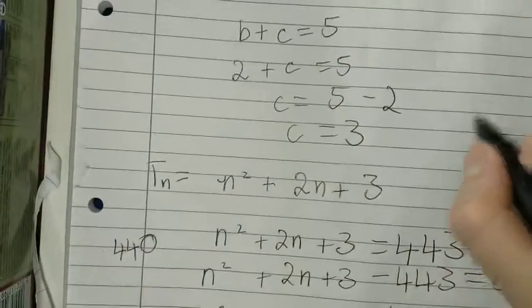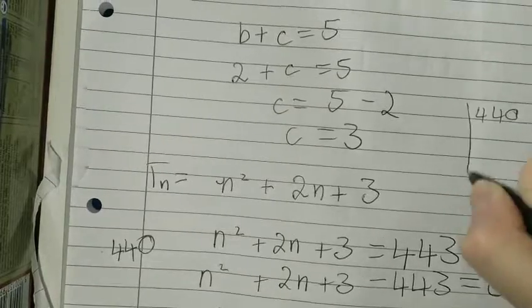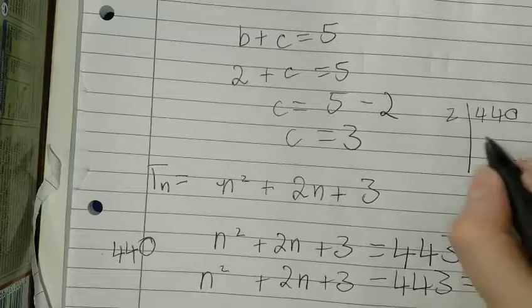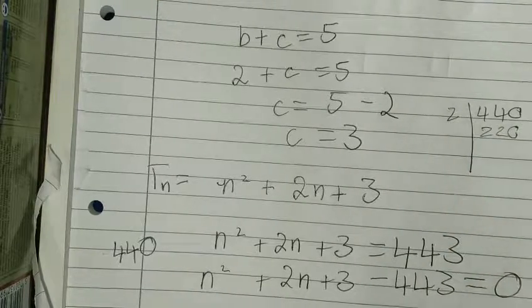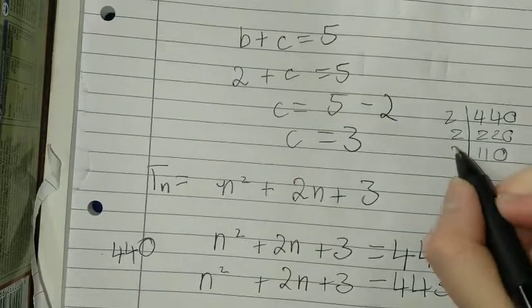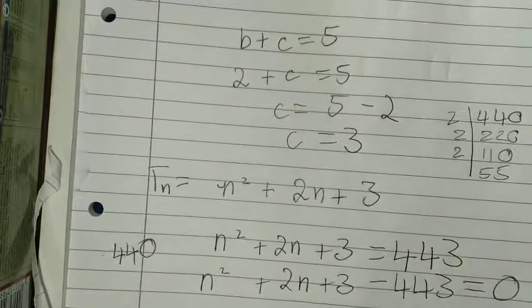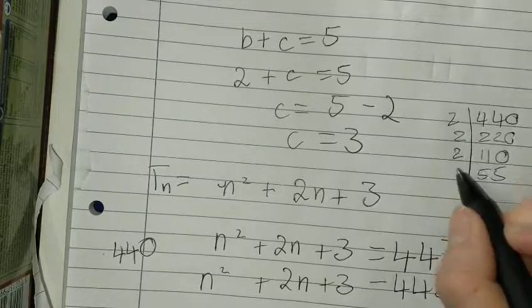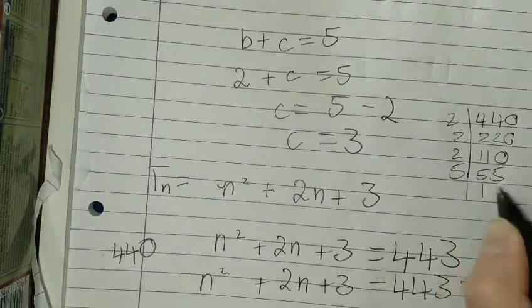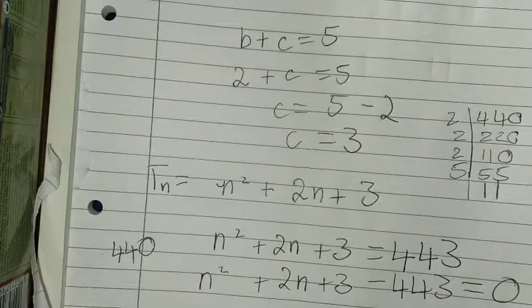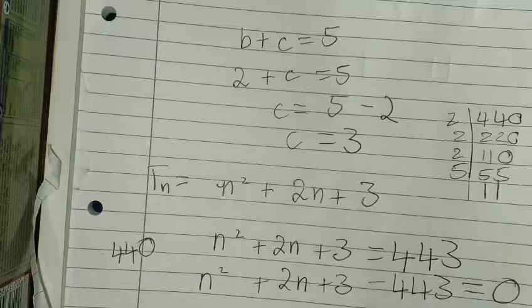So what I might do is do out my factors. So if I divide 440 by 2, I get 220. If I divide that by 2, I get 110. Divide that by 2, I get 55. Divide that by 2, it doesn't go in. So 55 divided by 5, I get 11. So 440 divided by 11 won't work.